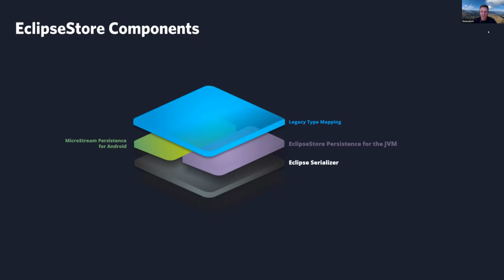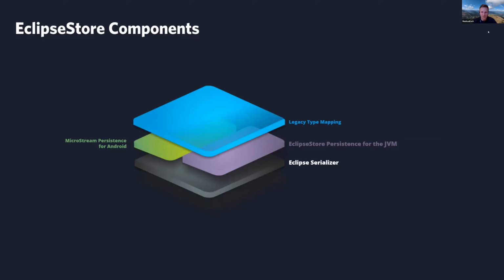For instance, what if my classes change? Then I'm in trouble. No, you're not. For this scenario, we provide functionality called legacy type mapping. It cares for your class evolution. So it's solved through runtime. You don't have to refactor your code.